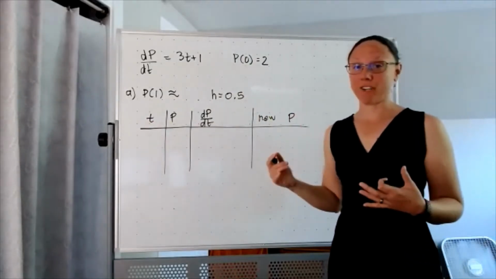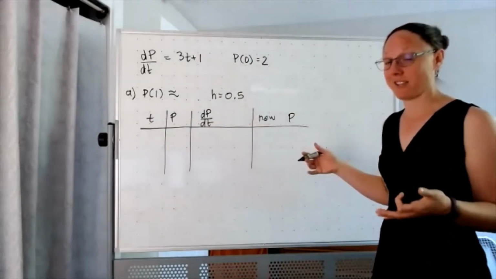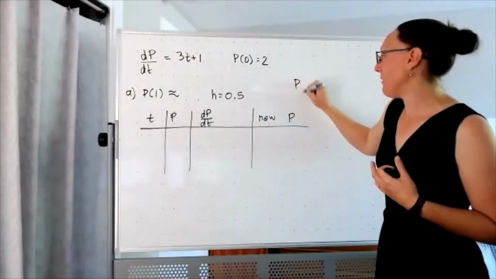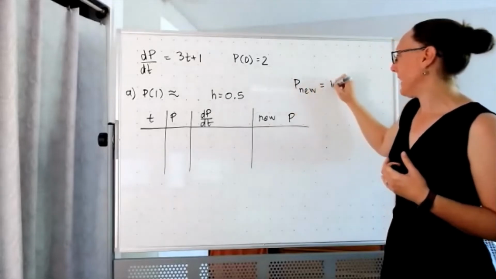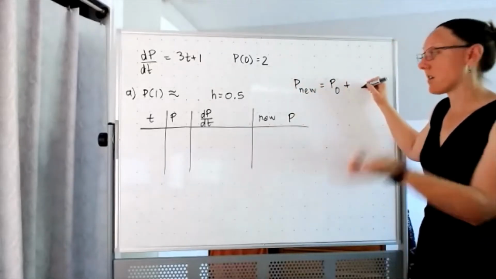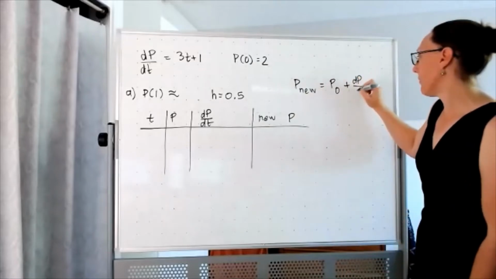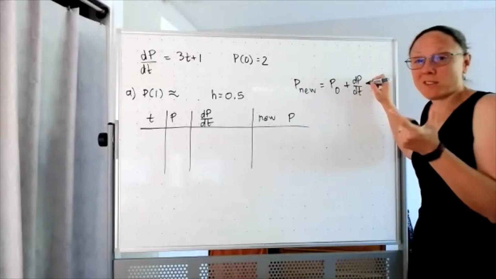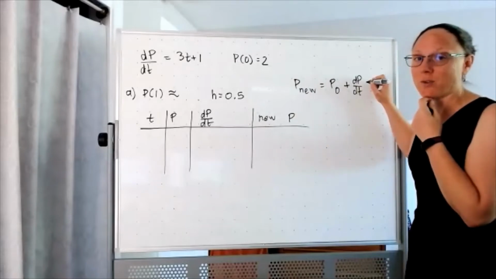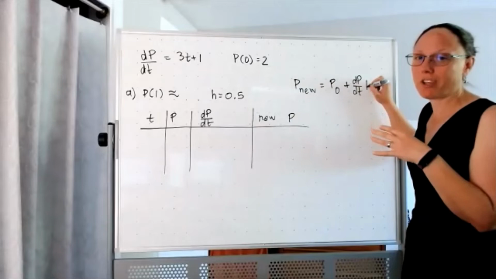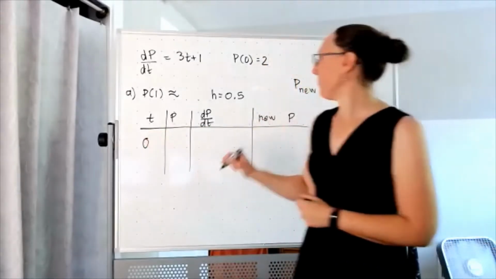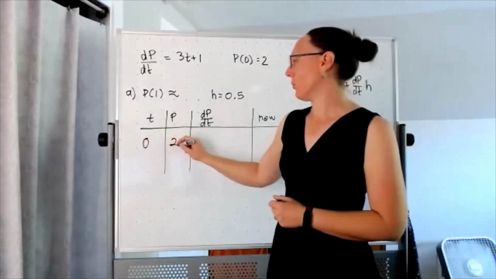And just as a quick refresher, this is coming from our linearization formula, which means our new P value is going to be the P value we were just at plus our slope times some brief time period, how long we've moved in that direction. And when we talk about Euler's equation, we usually call that H. So we're starting at a T of 0 and a P of 2.